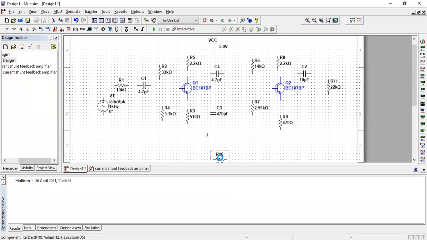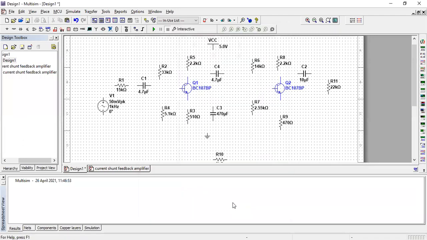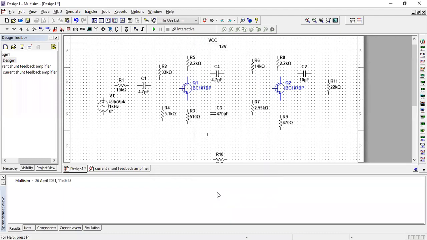It's 5K. Feedback resistor value. Is it 5K? Okay. So I set all the things. And what is VCC? How much VCC did I apply? 12 volts. Yes or no? VCC is 12 volts.